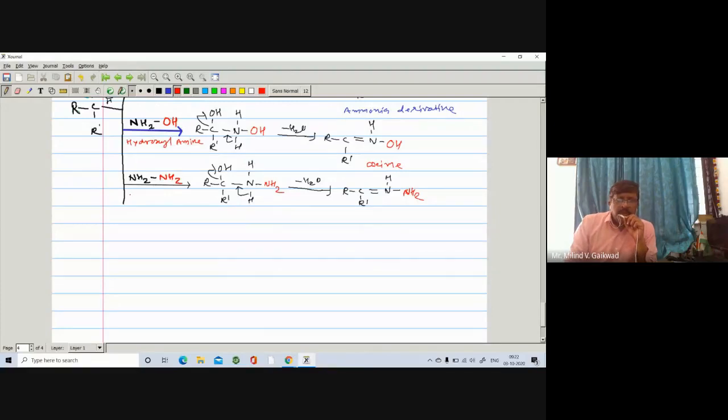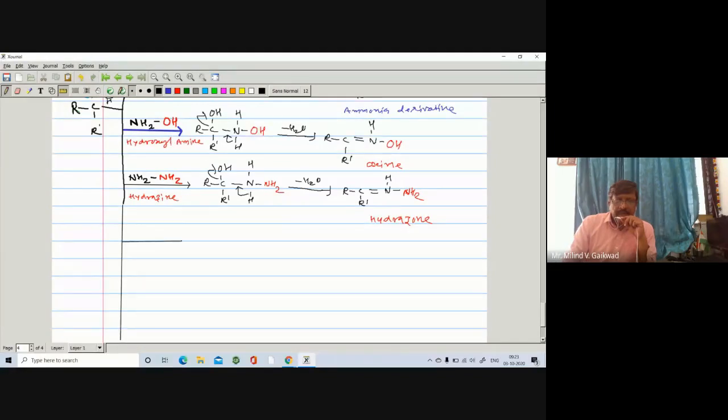So NH2 is called a hydrazine. So you get a hydrazone of the corresponding carbonyl compound, right? So for the next example, again you can write the same example.